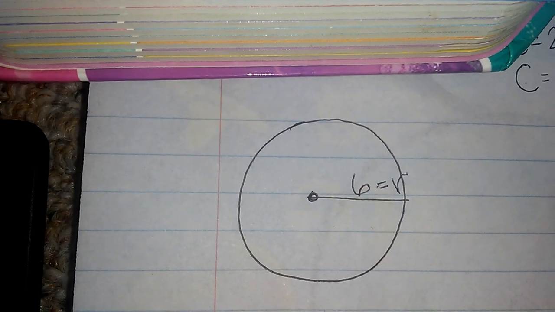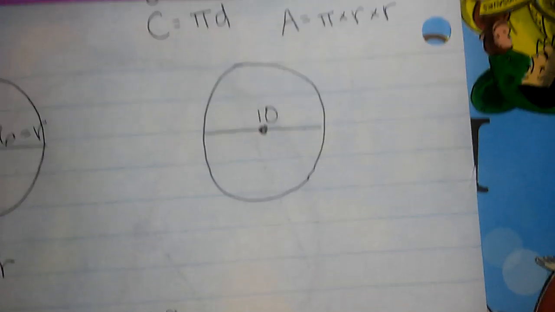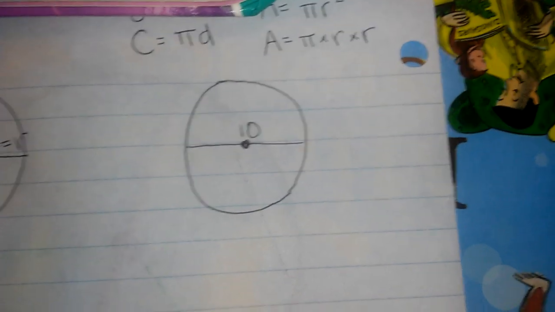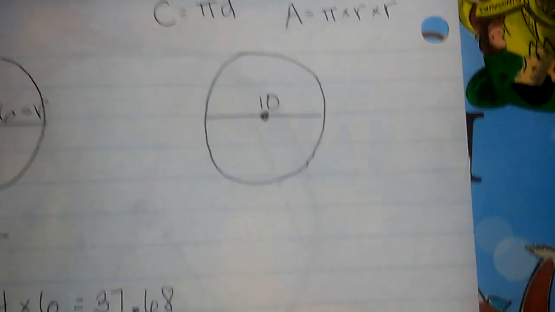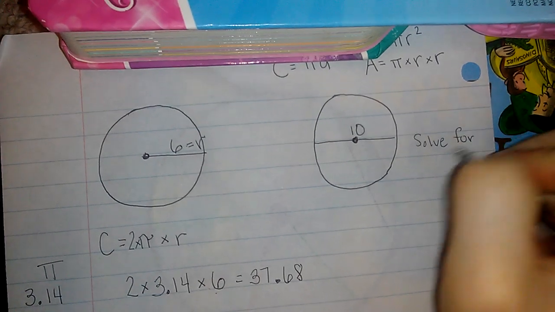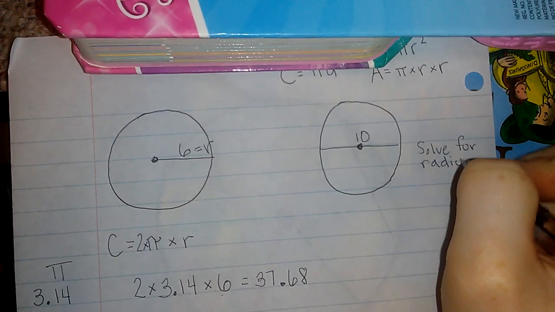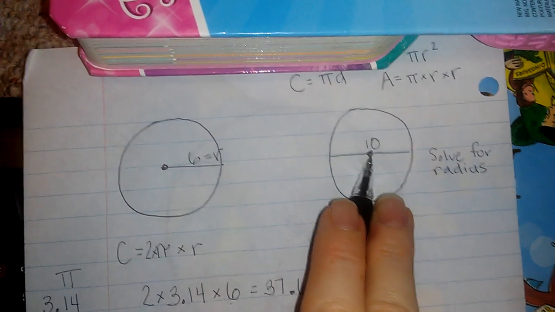Now this one's slightly tricky. It doesn't have a radius. We have to solve for the radius because this is our diameter. I know that the radius is half the circle, so half of 10.